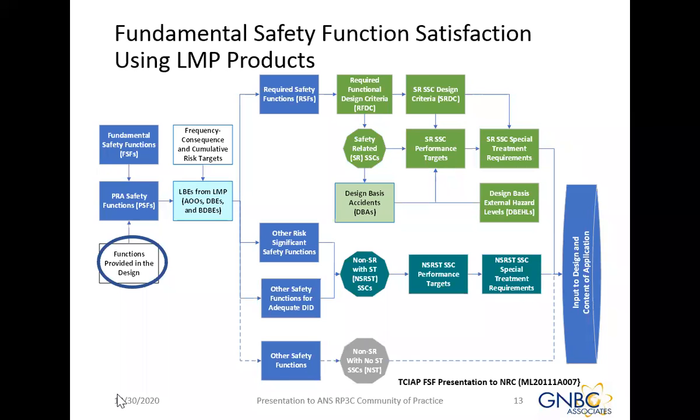And without going through all of the steps, it really does flow from what you start as your functional design objectives, as I showed in one of those earlier slides, and flows into the development of the PRA and includes not only all functions provided by the design, but context of fundamental safety functions as described in regulatory activities in the past.